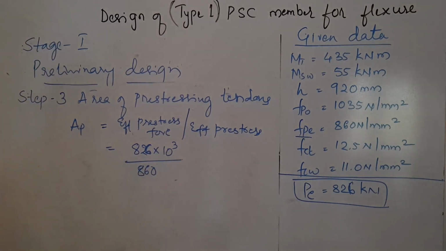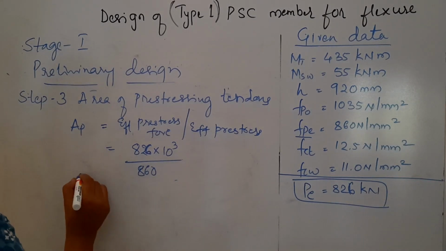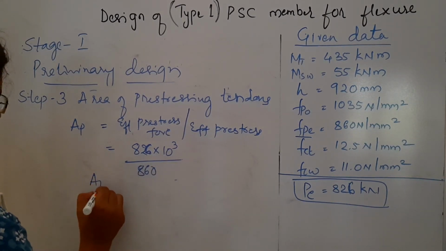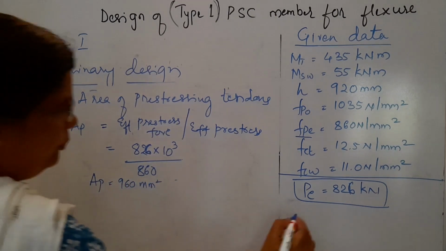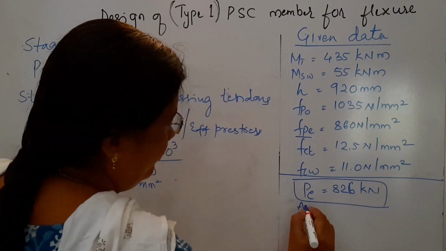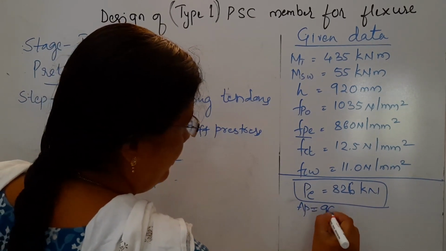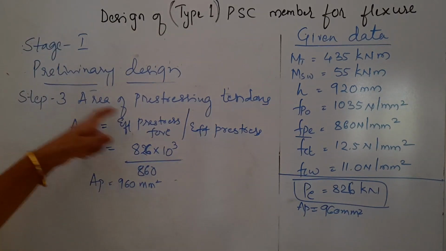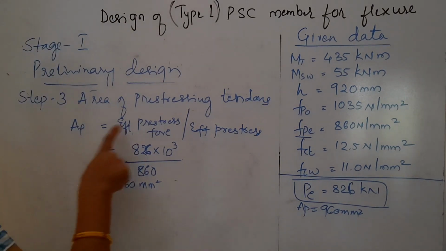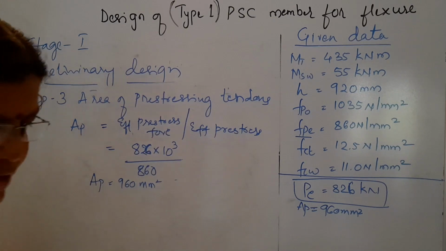Kilonewton will cancel, and you will get the area equal to 960 square millimeter. AP is equal to 960 square millimeter. This is step 3, area of pre-stressing tendons. AP is equal to pre-stressing force divided by stress.